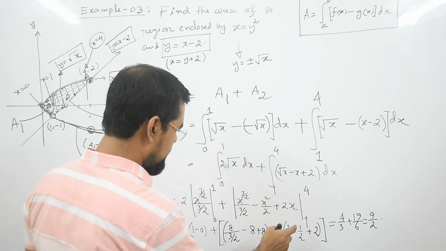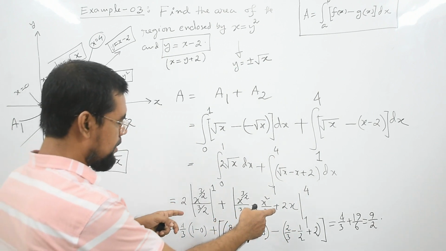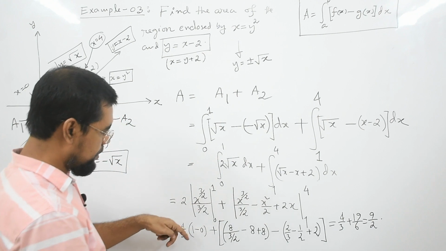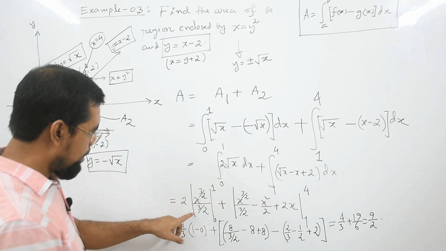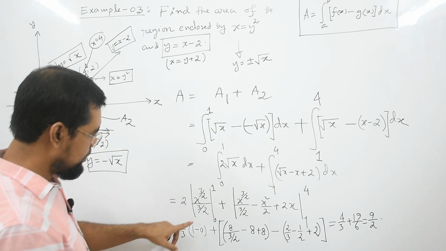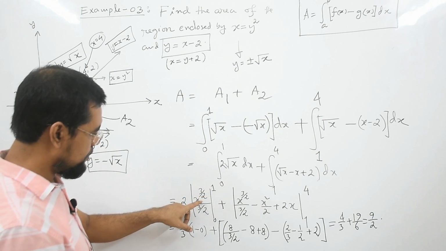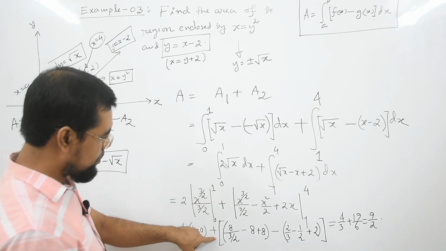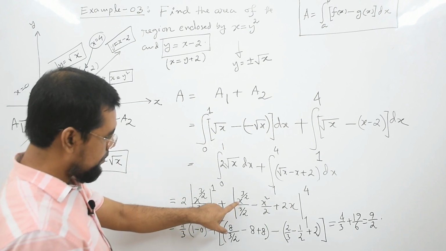Now from here you can easily do this simplification by yourself. You see, when you put the upper limit here, it will be 2 times 2 by 3, it will be 4 by 3. If you put upper limit and lower limit, it will be 1 minus 0 plus 4.